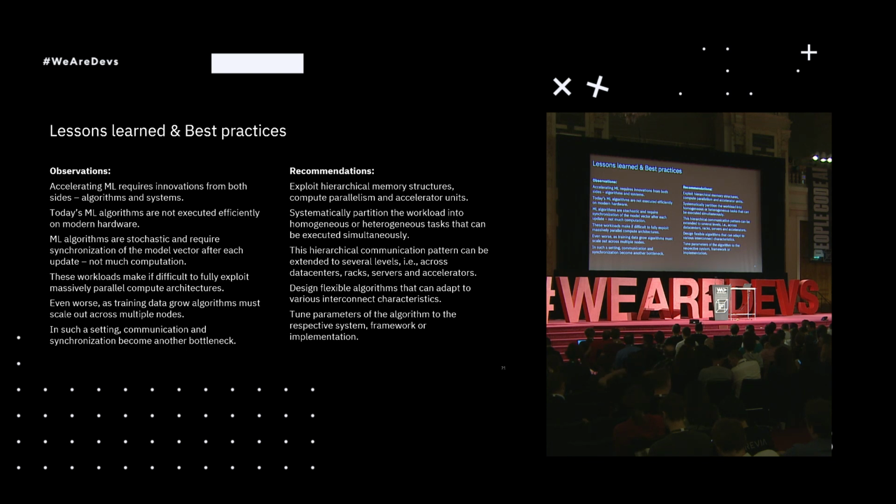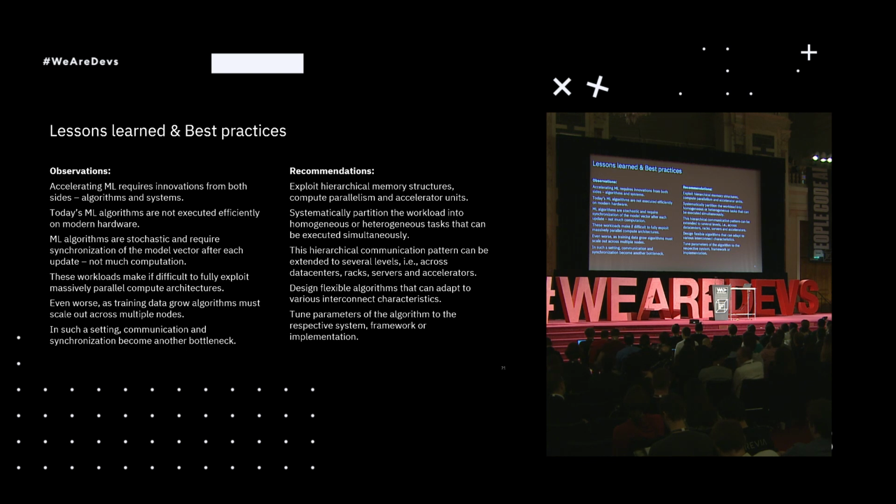When we went through this exercise of training linear models, we understood a few things. When you want to accelerate a machine learning algorithm, it's not important to look at the system only or at the algorithm only. You have to look at both of them.